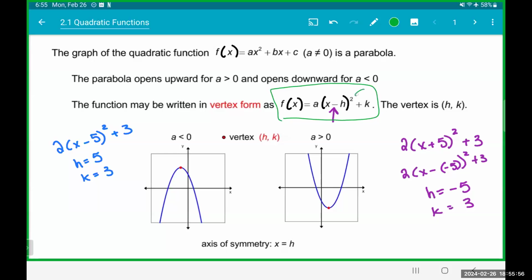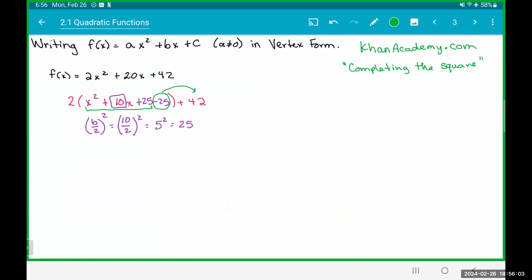We have this perfect square here, right? And so that's what we're trying to get to. Okay, so we're going to move that out, but we can't just move the 25 out because we have to distribute this to everything inside of here to make the problem still the same. So what we're going to bring out is minus 2 times that 25.